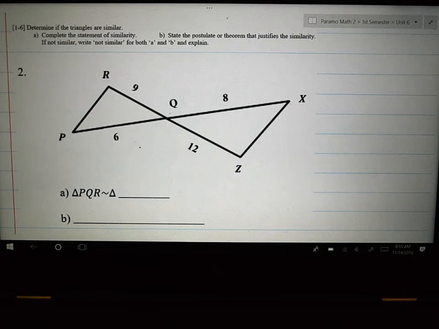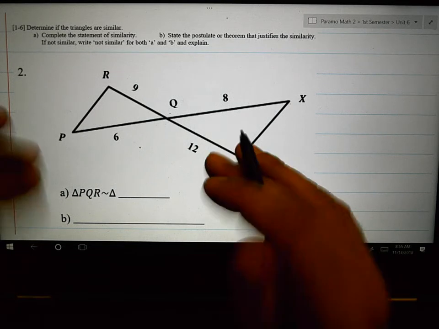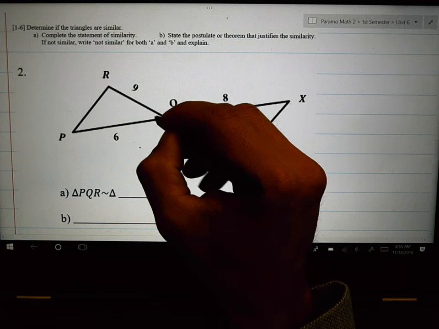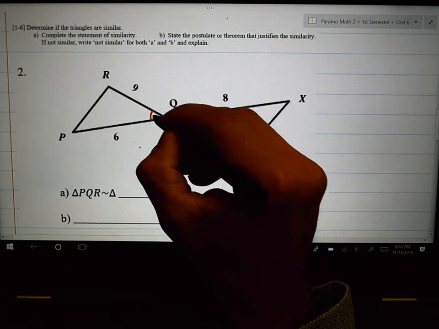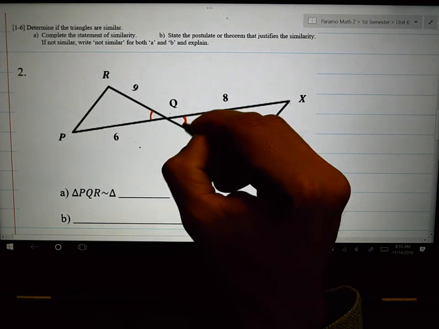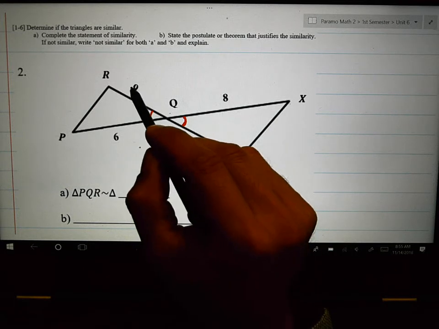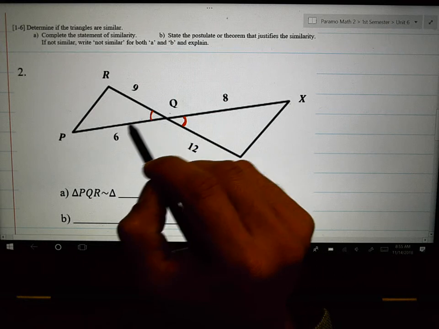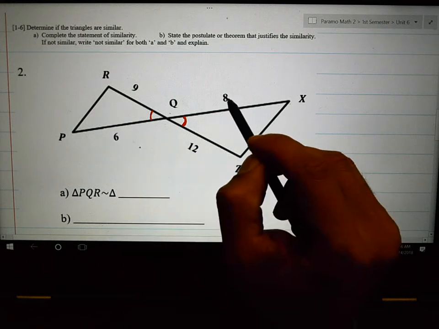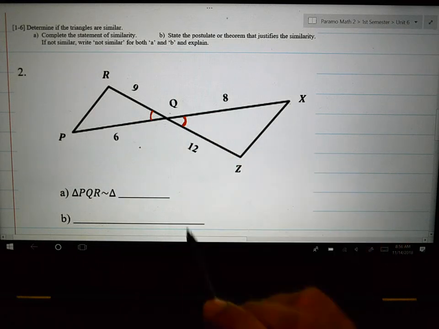So, here's what we know. When I look at number 2, I know that the vertical angle here is the same as the vertical angle there. Those have to be the same because vertical angles are congruent. The only thing I don't know is, I have a side and an angle and a side in this triangle, and I have a side and an angle and a side in this triangle.